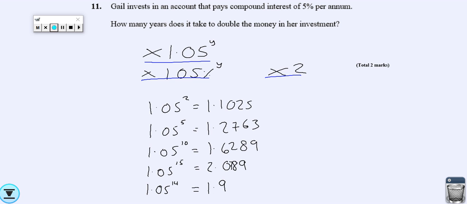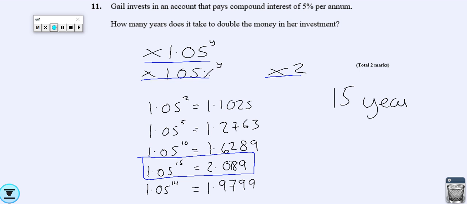No, that was 1.9799. So therefore, our investment doubles after 15 years. 2 marks, one for trying out different combinations and one for getting to the right combination.